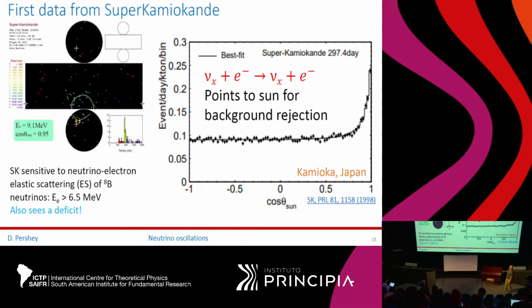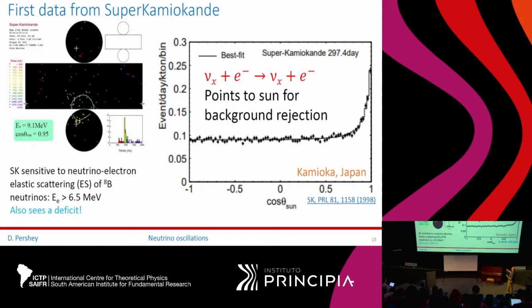And so we can use these electron scattering events to basically estimate the boron-8 flux of neutrinos. These are the higher energy neutrinos spit out from the sun. The nice thing about electron scattering is there's this correlation between the electron angle and the neutrino angle. So the Super Kamiokande experiment leveraged that to point back to the sun and separate signal from background.